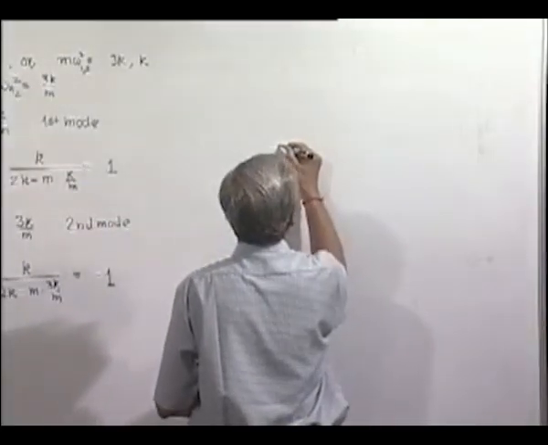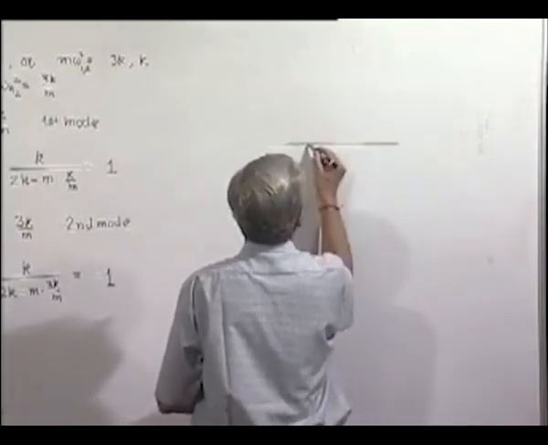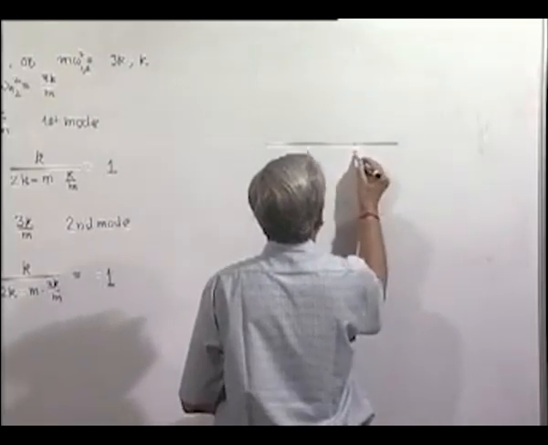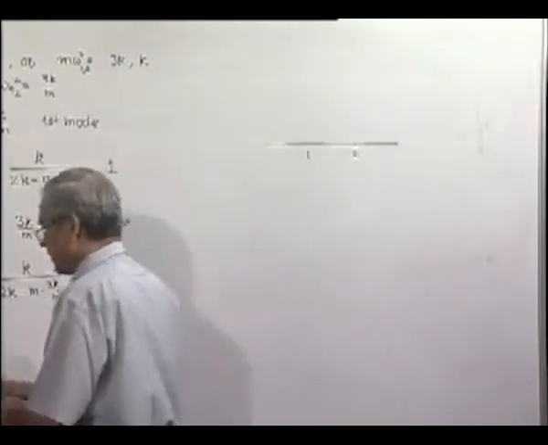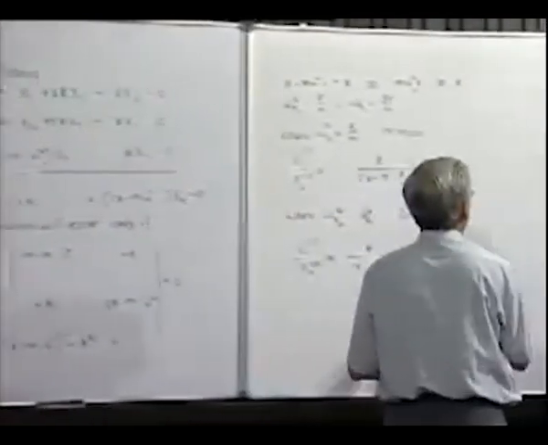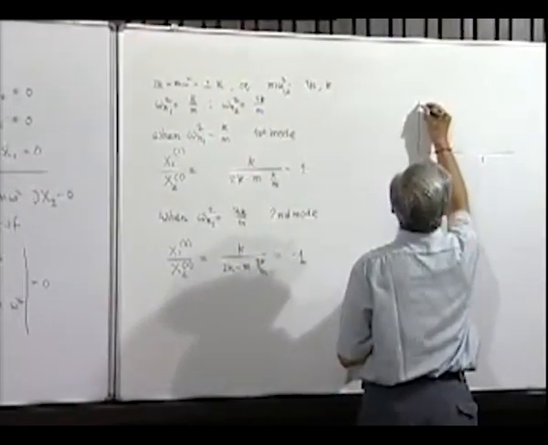So, this is simply minus 1. So, the second mode shape ratio is equal to minus 1, that means they are just equal and opposite. In the first mode they are the same, that means they move together. Now, if we plot the situation, how will it look like.